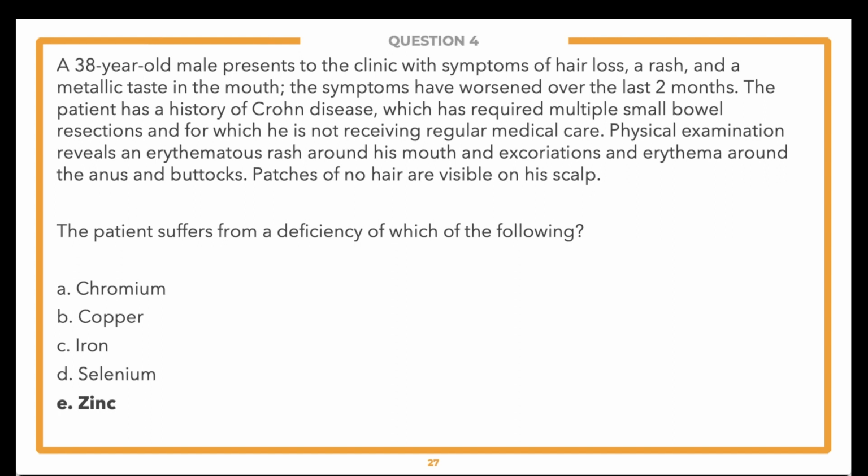So selenium, if you got a selenium deficiency, you might see symptoms like cardiomyopathy, skeletal muscle dysfunction, macrocytosis probably, and just immune dysfunction.